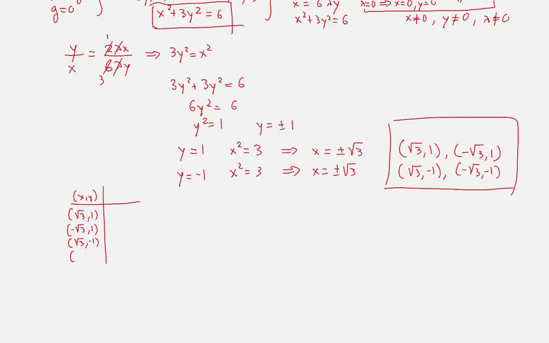And what we're going to get is square root of 3, negative square root of 3 here, negative square root of 3, and square root of 3. Remember that xy is simply the product of x and y. This means that this is a point of maximum, this is also a point of maximum, this is a point of minimum, and this is a point of minimum.